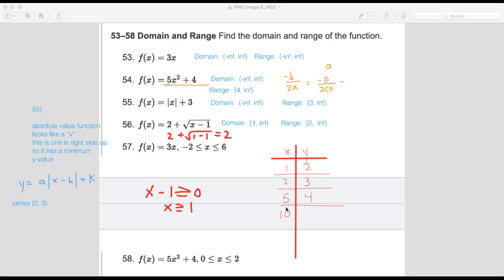Next one that works nicely is 10. So 10 minus 1, 9. Square root of that is 3. And 2, we get 5. So we have enough to figure out what it looks like at this point. So we got 1, 2. That's the starting point. That's kind of like the vertex on its side. That's not really what they call it, but this.